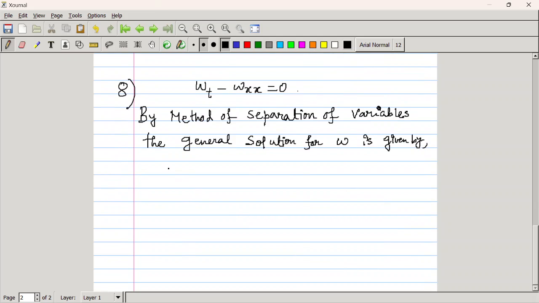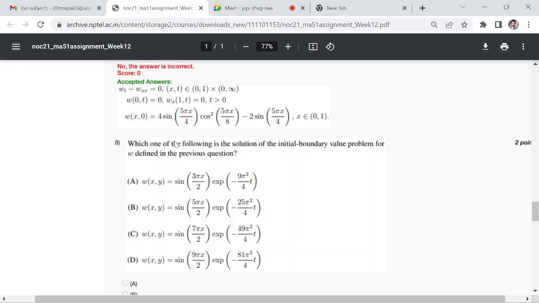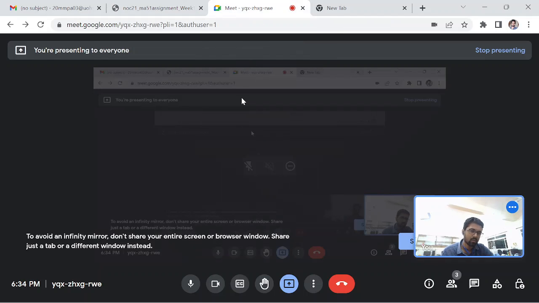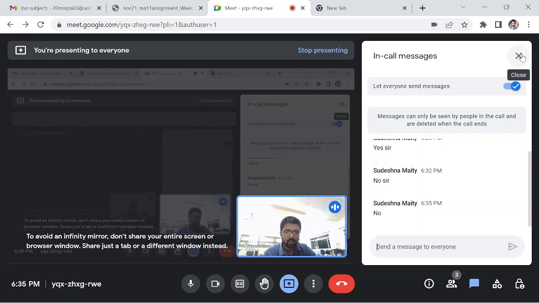Can you tell me, or do you have any idea what is the general solution by the method of separation of variables for this type of equation, the homogeneous heat equation? What is the type of the solution? Anything? If you tell, otherwise I will tell. No need to worry. Yes, Sudeshna Maiti. Otherwise I will tell, no hesitation. Okay, okay, I will tell.